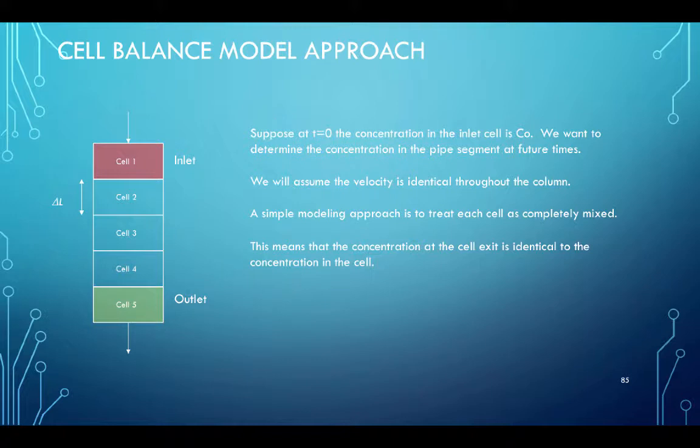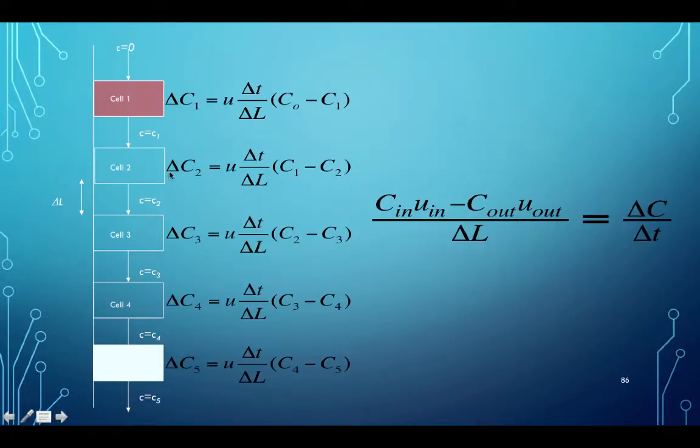A simple modeling approach is to treat each cell as a completely mixed reactor, and that means the concentration at the cell exit is identical to the concentration in the cell. With those assumptions, we can come up with difference equations that relate the change of concentration in each cell to the concentration entering the cell and the mixed concentration within the cell.